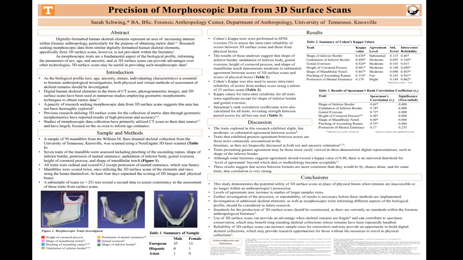When I say morphoscopic traits, I mean traits that we are measuring with our eyes rather than with a specialized measuring device. I looked at a sample of 50 dry mandibles from the William M. Bass donated skeletal collection housed here at the University of Tennessee. Using a Next Engine laser scanner, I created 3D surface scans of each of these mandibles.